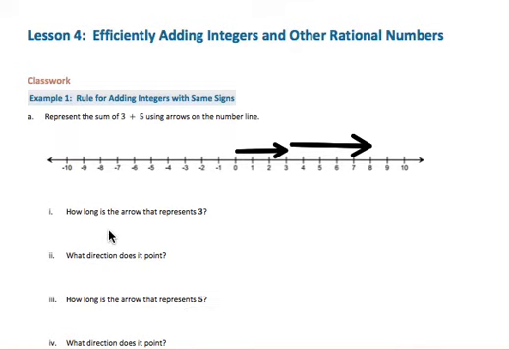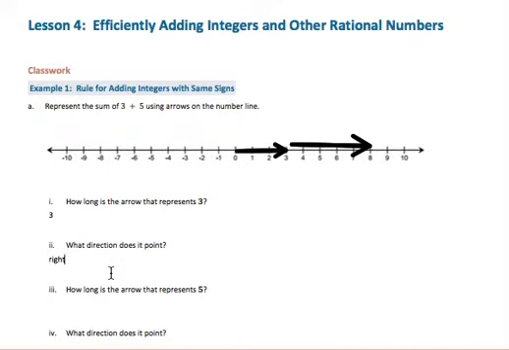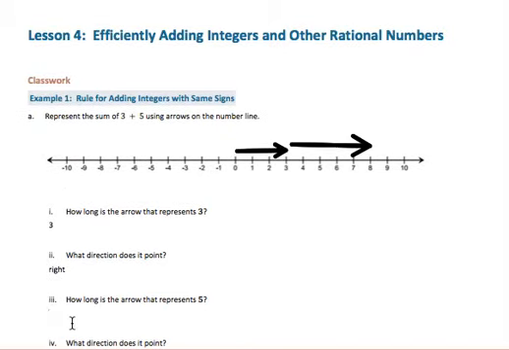The arrow that represents the 3 is 3 units long. It points to the right. The arrow that represents the 5 is 5 units long, and it also points to the right. We're then asked what the sum of the two numbers is, and we can see that we landed at 8. And if we were to represent the sum with one arrow, that arrow would be 8 units long.